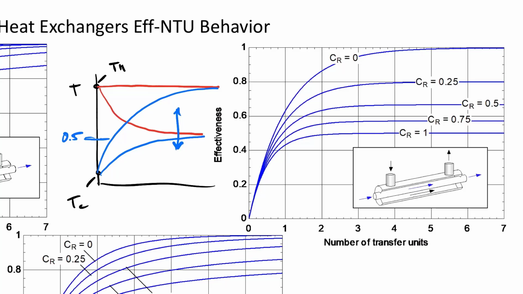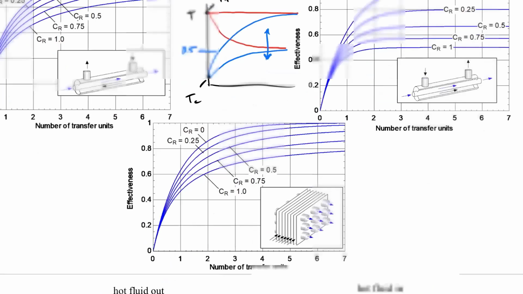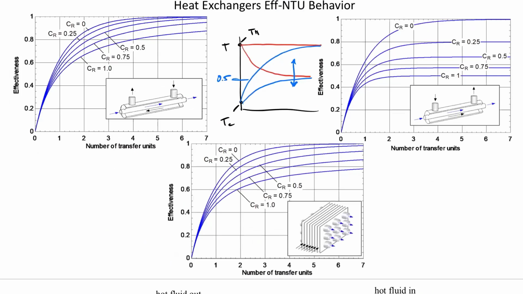Then I could get an effectiveness approaching 1, which is what you see for CR equals 0. So you see these different plots as a function of size and different capacitance ratios. That's how they kind of behave. And then for the cross flow, it's somewhere between those two things. Counterflow is always the best you can do. Parallel flow is always the worst you can do. Cross flow is going to be somewhere in between.